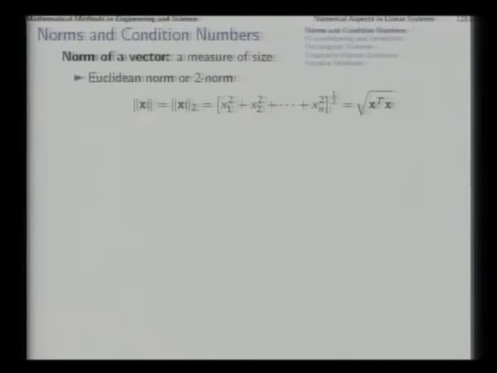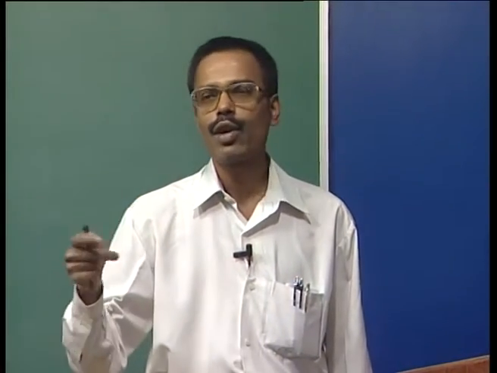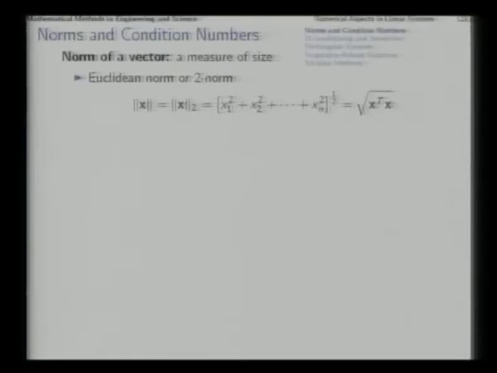Norm means size. When we talk of norm of a vector, we basically talk of a measure of size of the vector, and all of you are familiar with the ordinary Euclidean norm or 2 norm, or in general situation we can represent it with a subscript 2, which means 2 norm, and that is simply the length of the vector x in ordinary geometric sense, and that is x1 square plus x2 square up to xn square to the power half, means square root.